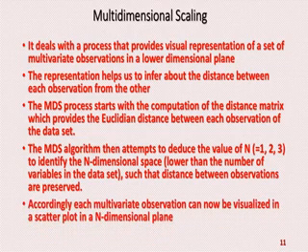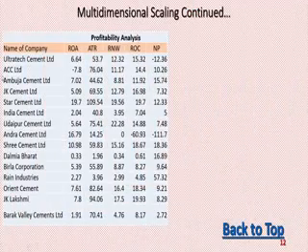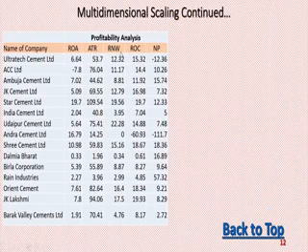Accordingly, each multivariate observation can now be visualized as a scatter plot in a two-dimensional plane, not an n-dimensional plane. If you look at this, these are different profitability measures, terms which measure the profitability of an organization.